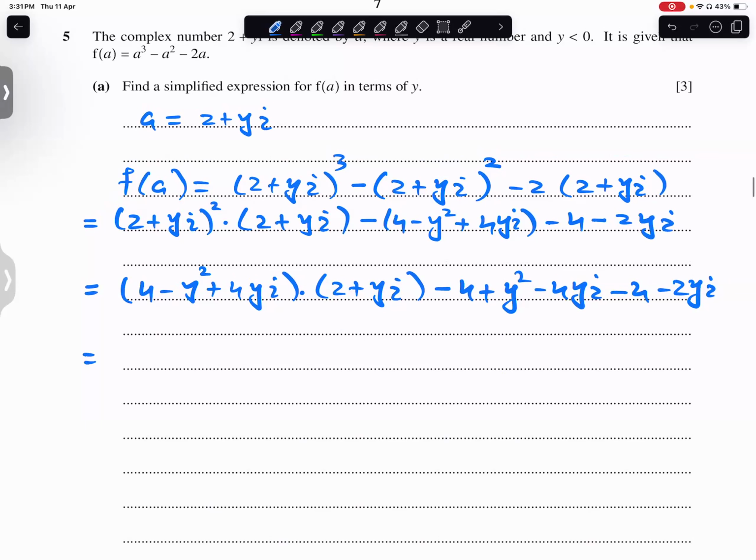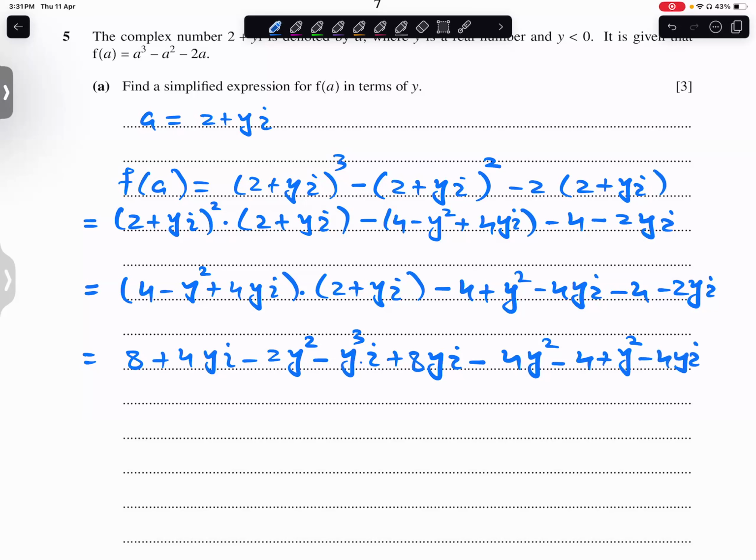Now multiply the brackets. 4 2s are 8, plus 4yi, minus 2y square, minus y cube i, plus 8yi, minus, because 4y square i square will become minus, that's why I wrote minus. Then minus 4 plus y square minus 4yi, then minus 4 minus 2yi.